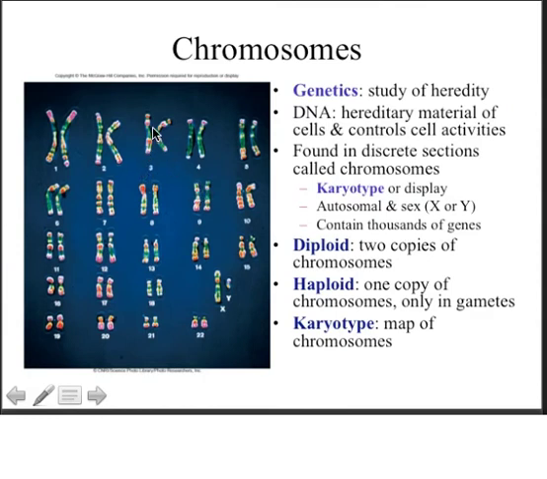The condition in which we have 23 pairs of chromosomes is called euploidy, meaning the normal chromosome number, whereas if we have more or fewer chromosomes than 23 pair, we call that an aneuploid condition, and that's generally associated with defects in body systems. We are diploid organisms, so we have two copies of our chromosomes.